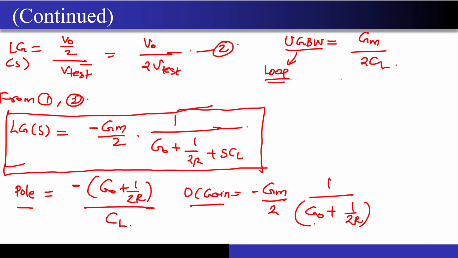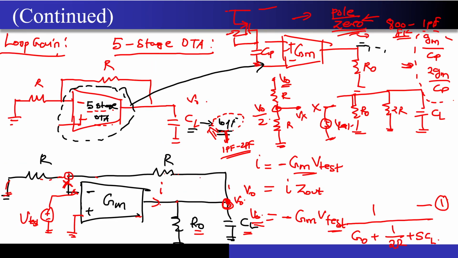Okay, unity gain bandwidth for the loop, because I can also define unity gain bandwidth for a single pole system without feedback. I can just define it for the 5-stage OTA itself, if I don't consider this particular feedback factor. Remember, there is a feedback factor present. The feedback factor is how much portion of the output I have fed back at the input, and that is just half in this particular case.